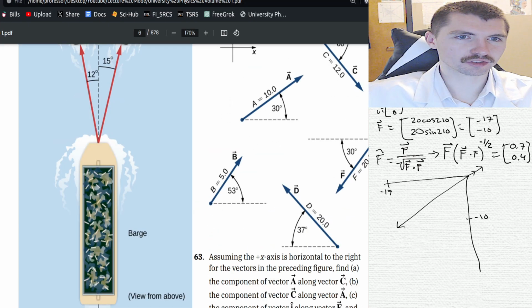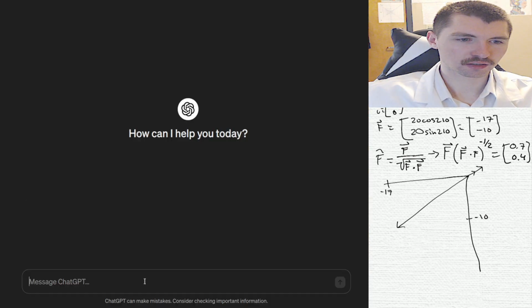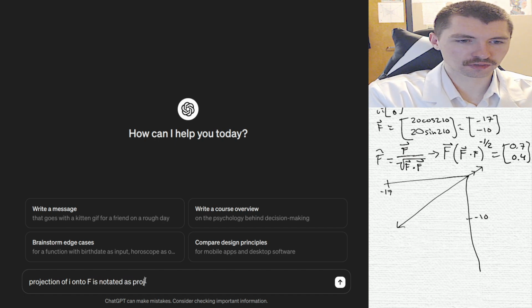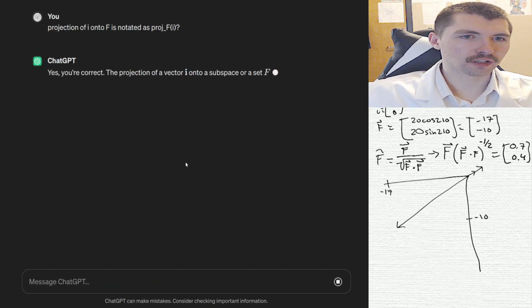Let's double check. Projection of I onto F is notated as, yes, that's correct.